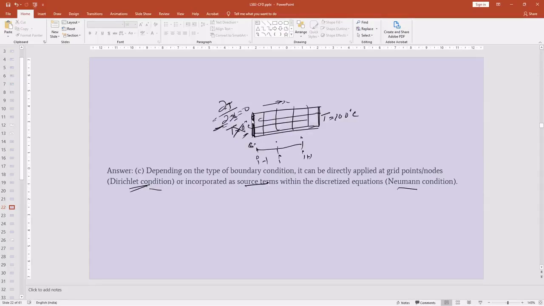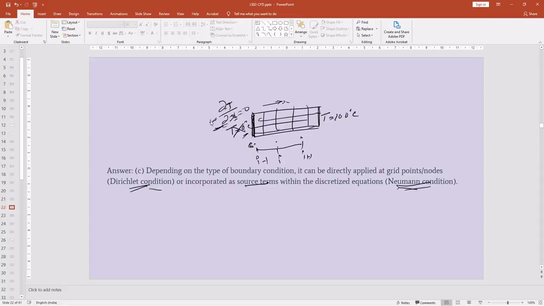That particular side of the geometry will have some other constants, plus some other terms of this equation will be going to the source term. So simply, a boundary condition that is not a constant value, but rather a gradient or differential equation, is called a Neumann boundary condition.